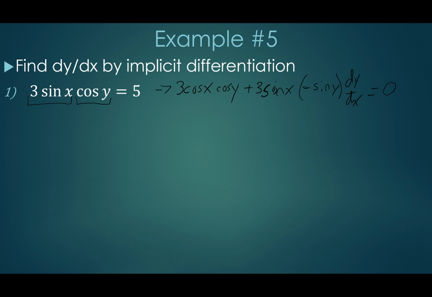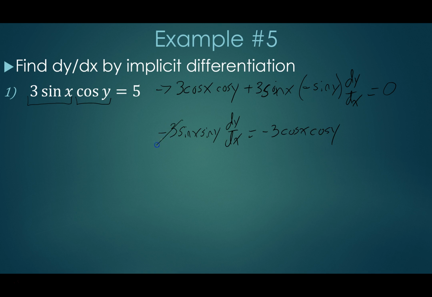So from here we want to solve for dy/dx. So what I'm going to do is move the 3 cosine x, cosine y to the other side. I have negative 3 sine x, sine y, dy/dx equals negative 3 cosine of x, cosine of y.